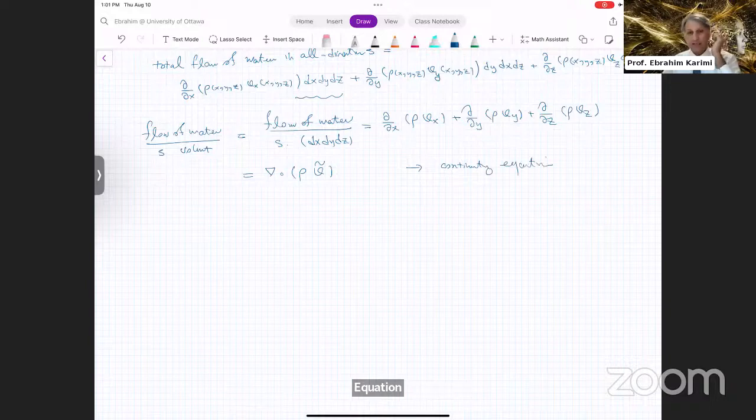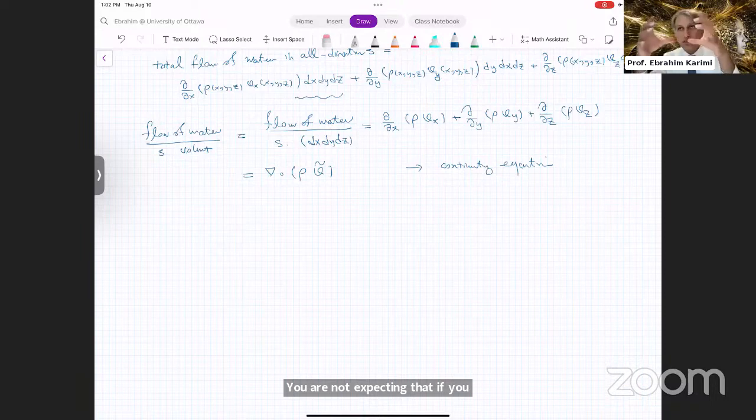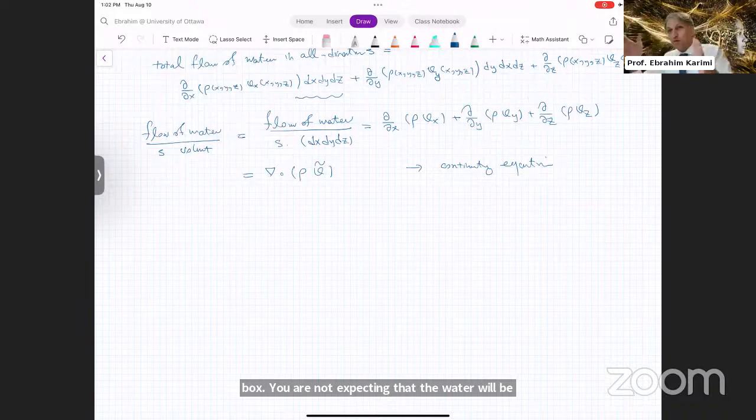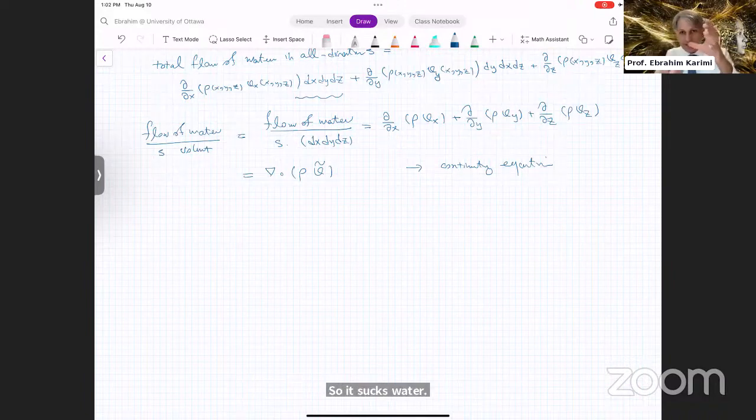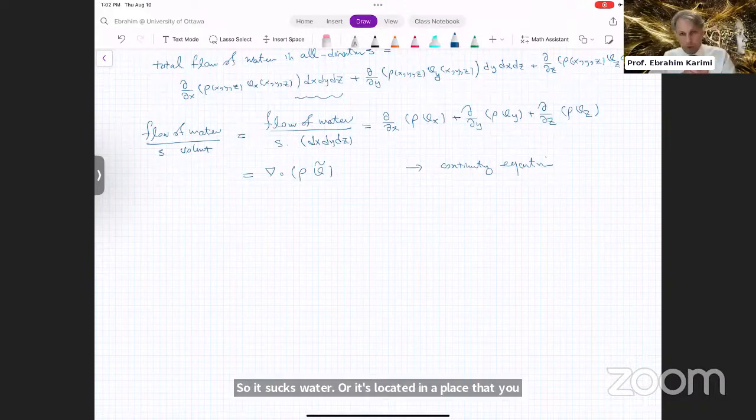If you take this box, you are not expecting that water will be created inside of it. Whatever water is coming in will exit, unless this box is located in a place where you have a sink, so it sucks water, or a place where you have a source of water. So that's the meaning of the divergence.